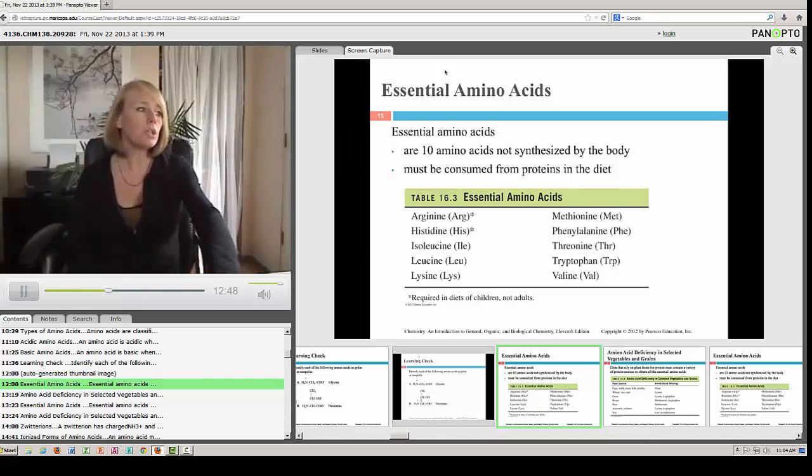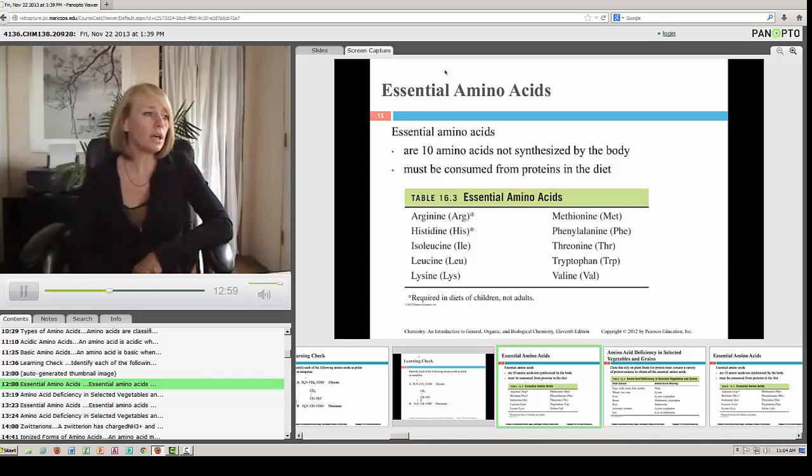So make sure that you check out table 16.3 that includes those amino acids that we must get from our diet. In table 16.4, we have some of the sources that we can get those amino acids from. Notice that when you look at the vegetarian sources of your amino acids, they're missing some of the amino acids that we will need, and that includes lysine, tryptophan, methionine.